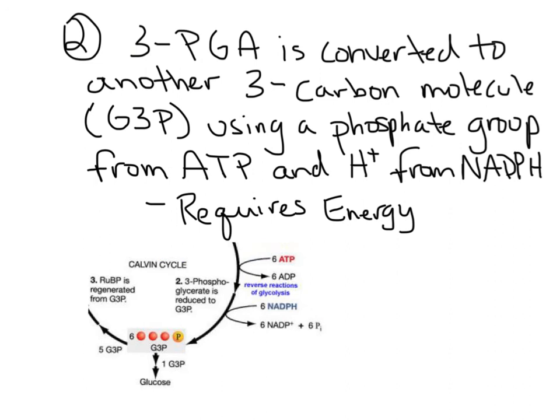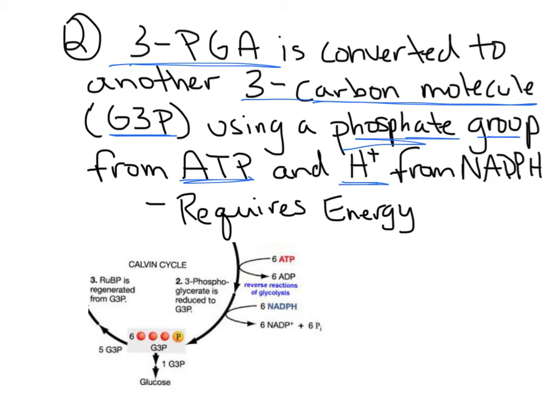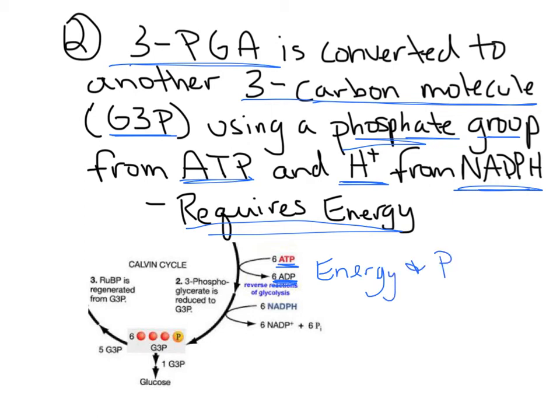The 3-PGA is then converted into another 3-carbon molecule called G3P. And this is using the phosphate group from the ATP and then the H plus from the NADPH to make this new molecule. And this process requires energy. So as the phosphates are released from ATP making ADP, we get energy, but we also get the phosphate that we need.